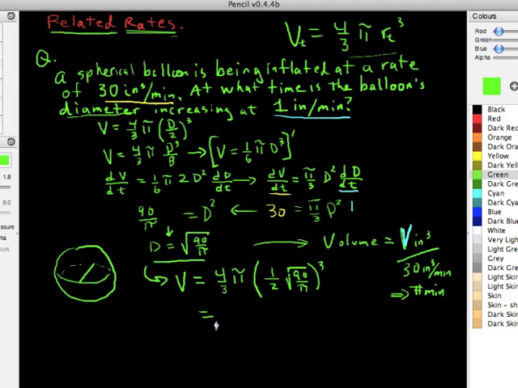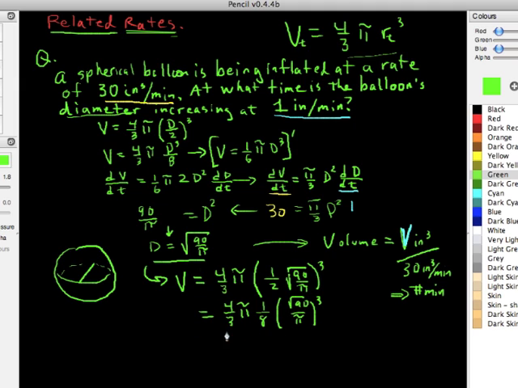Now what is that? I don't know if it's time to go to the calculator yet. 4/3 pi, 1/2 cubed is 1/8, and we have the square root of 90 over pi, cubed.